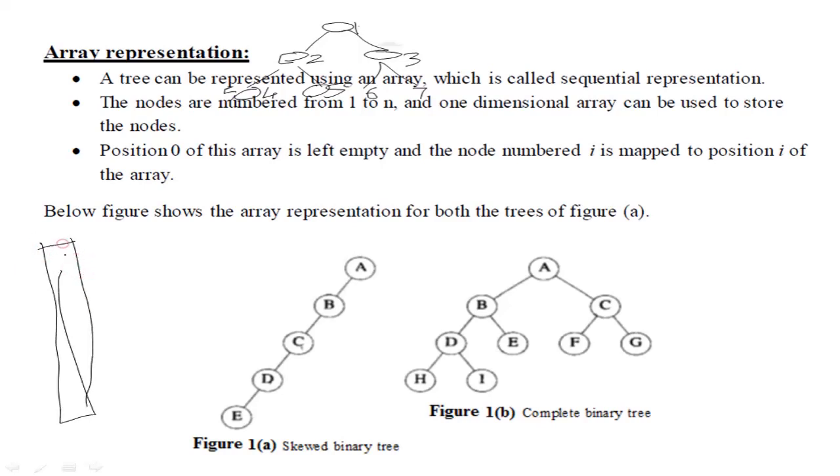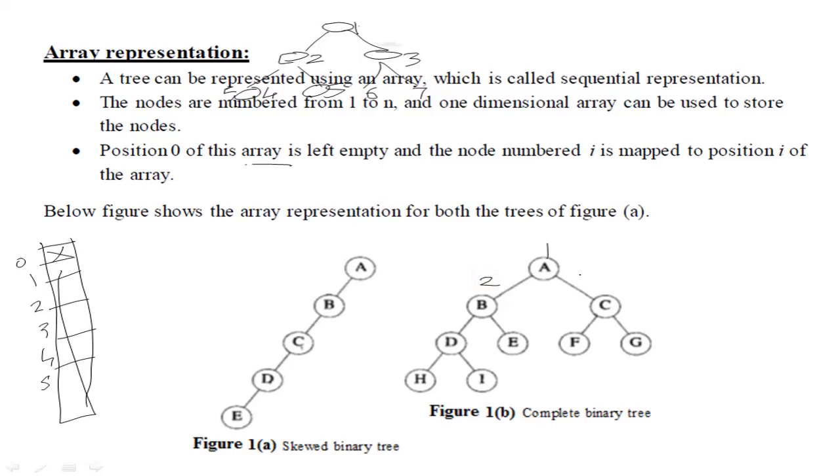If this is your array, we know that this is the 0th index, first index, second index, third index, fourth index and so on. We have some element at each index. The 0th position I will just ignore. Position 0 of the array is left blank, and the nodes are numbered from 1.